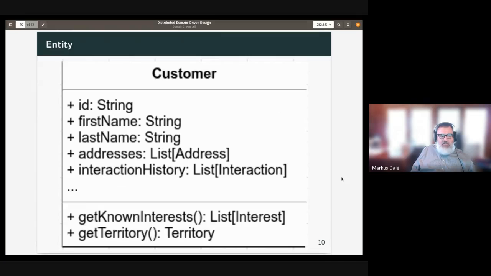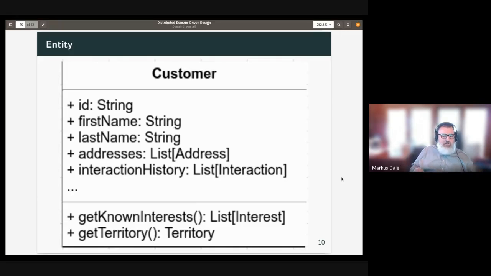In this case, for this particular domain, it's probably a sales domain. It's important to know what interactions I've had with my customer, like when were they last contacted, or what did they last buy? So I have an interaction history. Obviously, that can be updated. So entities have a unique identifier and mutable attributes.